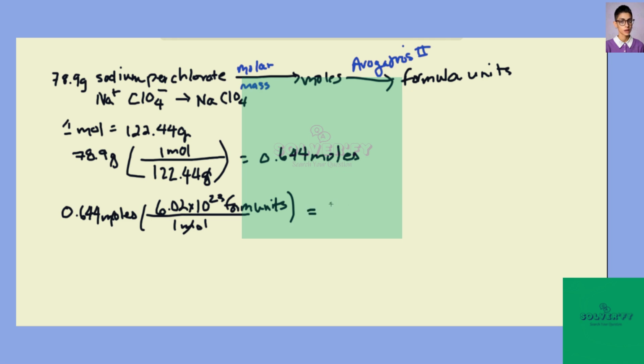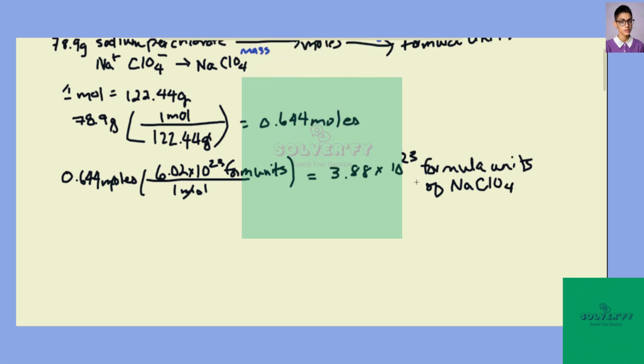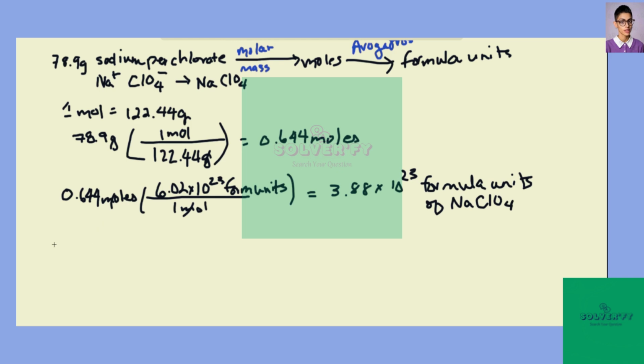And so this equals 3.88 times 10 to the 23rd formula units of NaClO4. We can use that information to break it down even further if I want to know how many sodium ions there are. For every formula unit of NaClO4, there is 1 sodium ion.